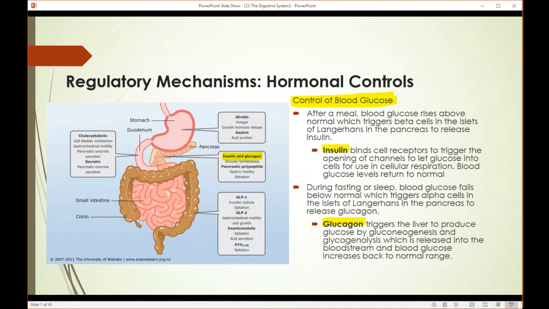That's released into our bloodstream, and our blood glucose can then increase and go back into a normal range. So when we've eaten and we have a lot of sugar in our blood, we release insulin. When we're not eating, we have little sugar in our blood, we release glucagon.